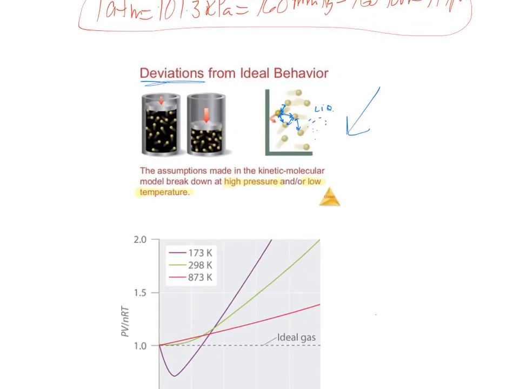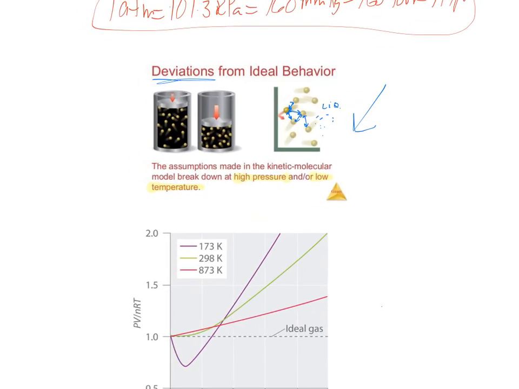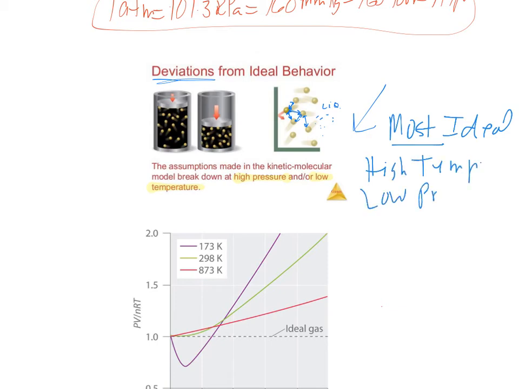This is what we were talking about a few seconds ago, and that is the deviations. When is a gas most like a gas? We said that a gas is most like a gas, so most ideal, at high temperatures and low pressures. And the way to remember that is anything that keeps the particles far apart and moving fast is going to go towards making the gas more ideal.